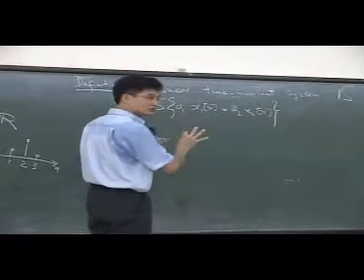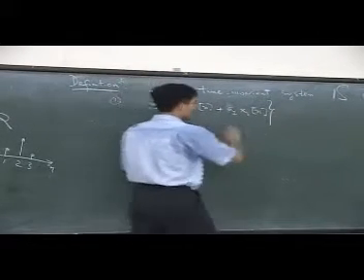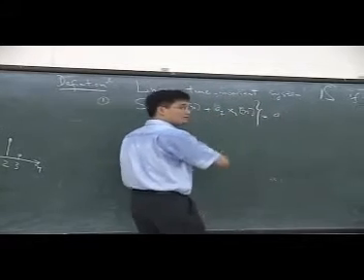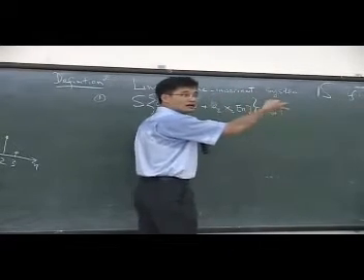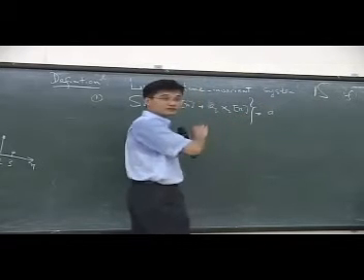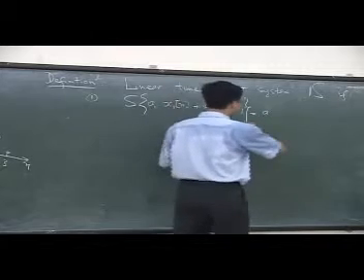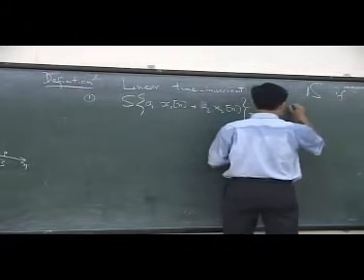Then the output of that system can be written as simply a linear combination of the two outputs of those two original inputs. Okay, it makes sense?